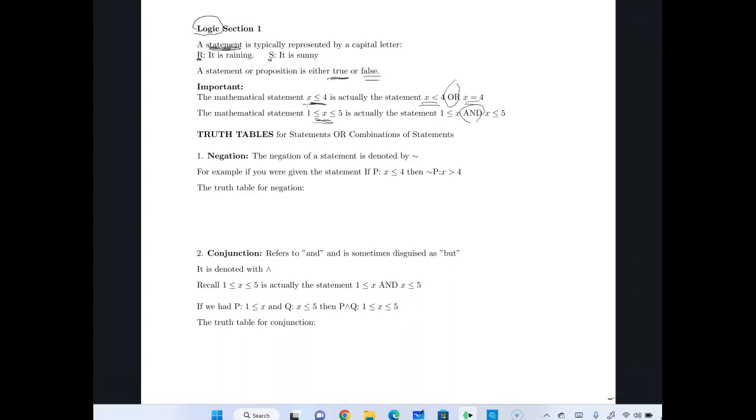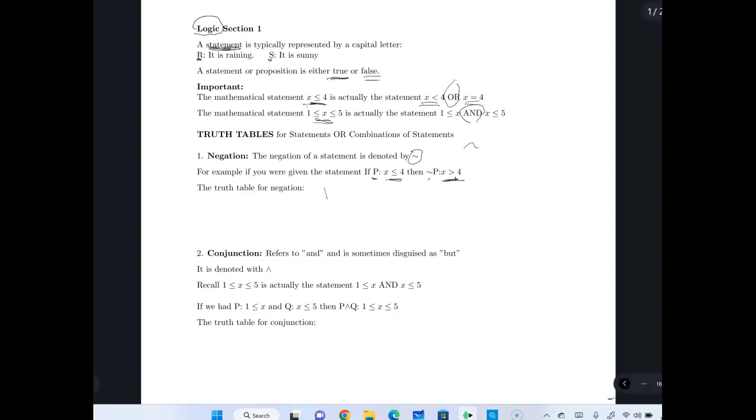All right, so when we want to say the negation, so we want to take the opposite of, we use this little symbol called tilde. So if we're given this statement, P is this, then not P would be the opposite, right? Okay, so now we're going to be doing lots of truth tables.